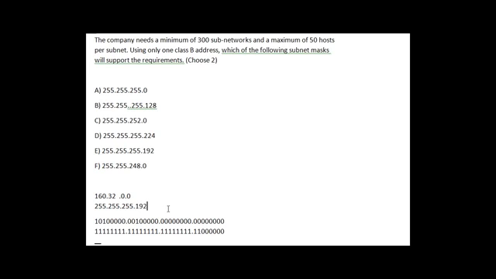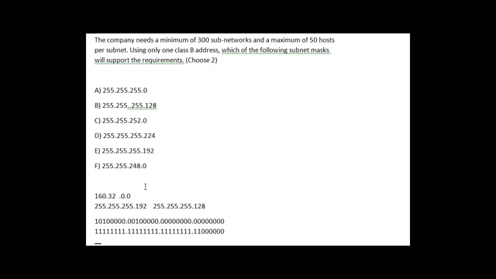That would be a good subnet mask for achieving our goals. Also, another good subnet mask would be 255.255.255.128. Those are the two correct subnet masks that we could use to do this.